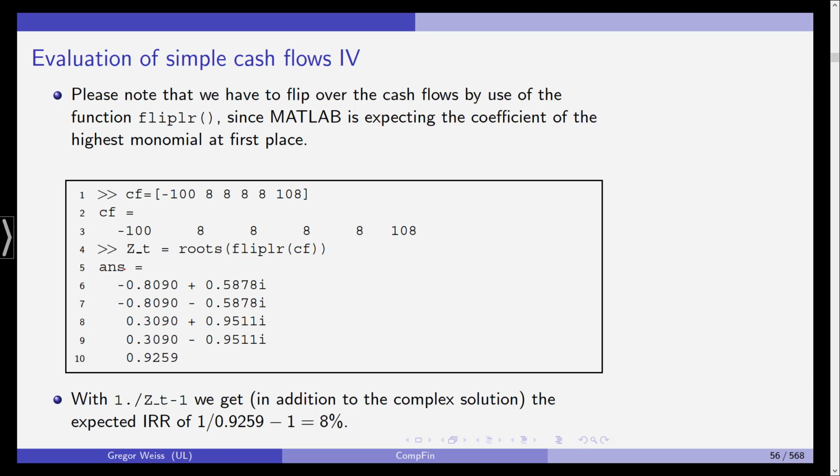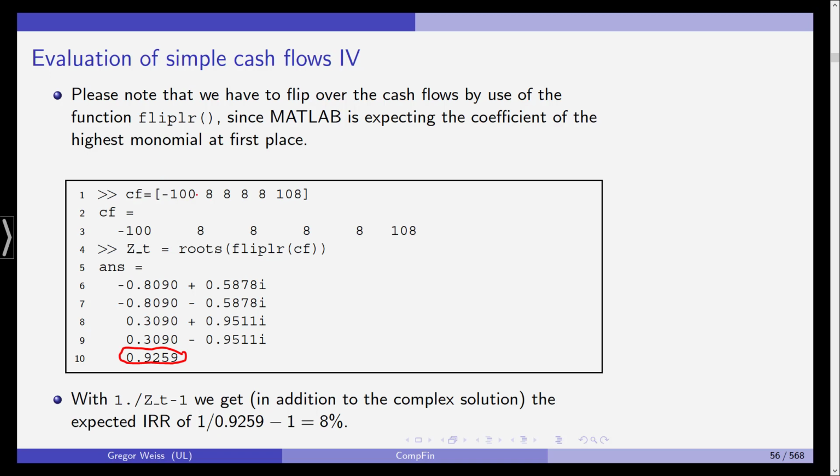So to flip it, we use fliplr, flip from left to right, on the cash flows. You can see the answers are 4 complex numbers and 1 real number, and this is a discount factor. If you convert it back into an interest rate, we can see that it gives us the 8% return.